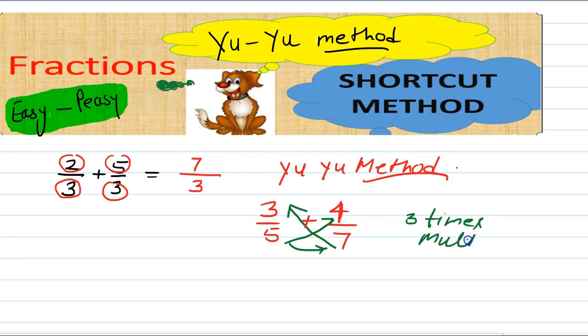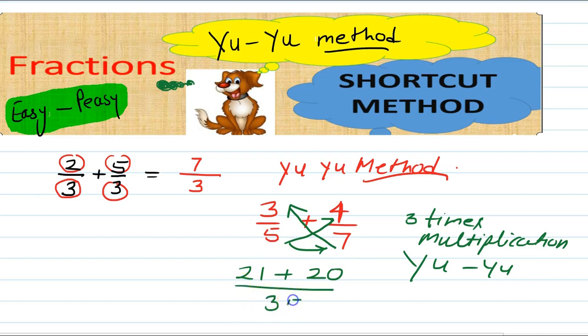That is called u. So 7 times 3 is 21, 5 times 4 is 20, and 5 times 7 is 35. If you add 20 plus 21, that is 41, so 41 over 35. Let's quickly see a couple more examples now.